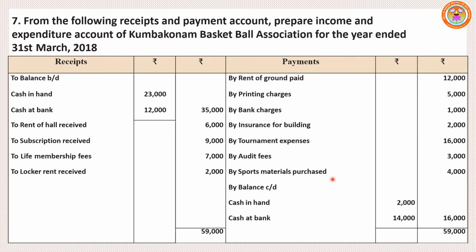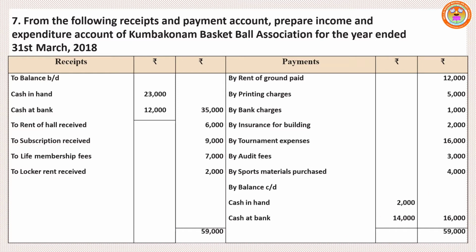Whereas sports equipment, like a treadmill, is a huge-value machine they won't buy again and again. So equipment purchase is a capital transaction, whereas material purchase comes under revenue transaction. Clear? Then no closing cash balance and bank balance.